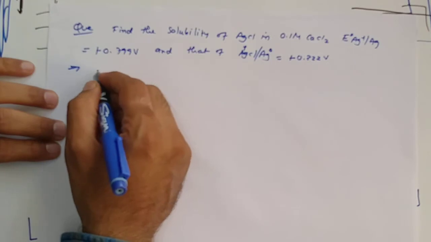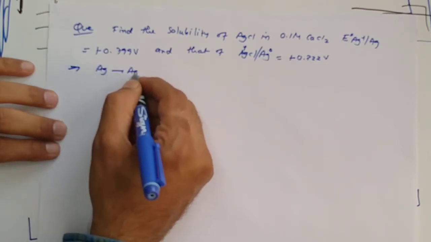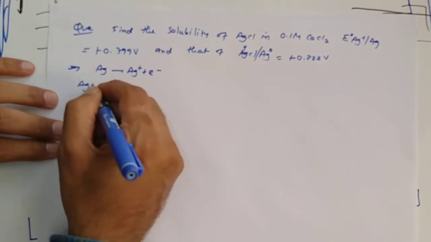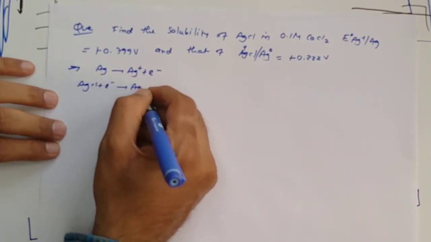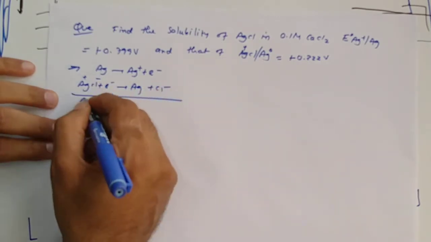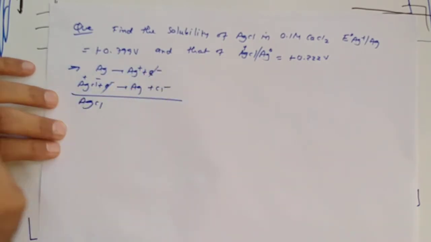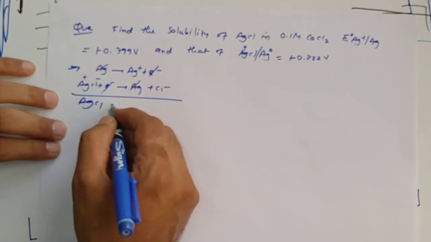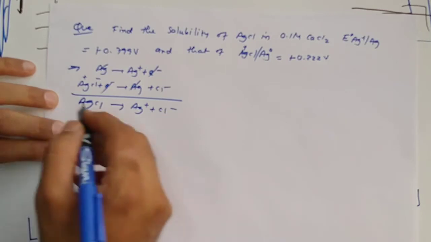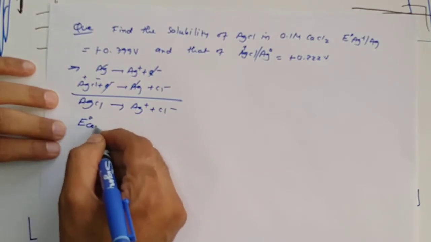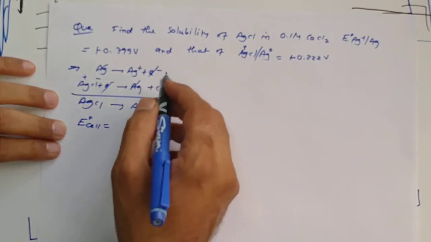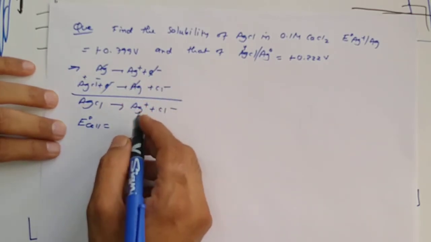So Ag gives Ag plus plus electron, and AgCl gains electron, converting into Ag and Cl minus. So electron cancels, Ag cancels. So AgCl gives Ag plus and Cl minus. Now E degree for this cell is reduction potential of cathode minus reduction potential of anode.